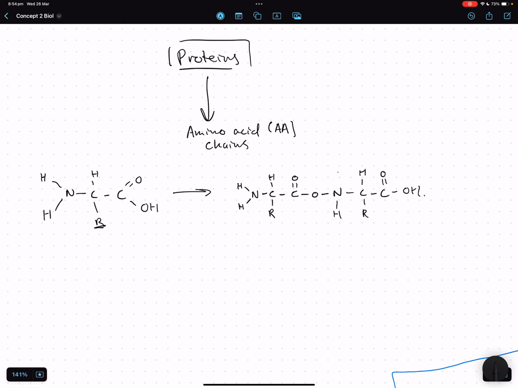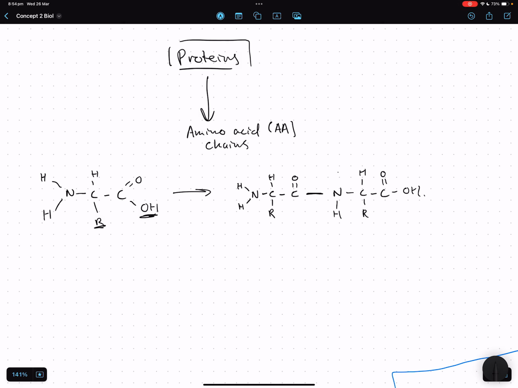Do I have this right? No, my apologies. It's wrong. Because it's hydroxide and nitrogen, so basically this entire group gets lost.